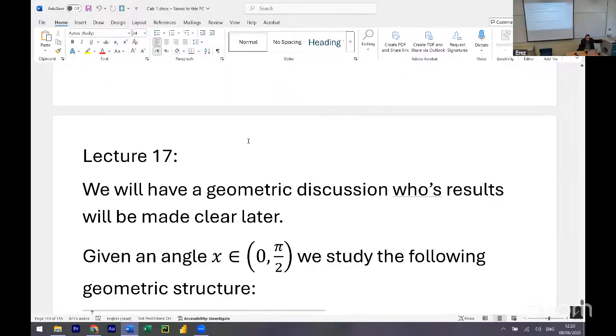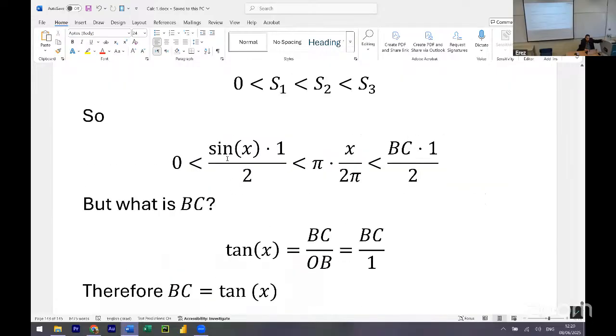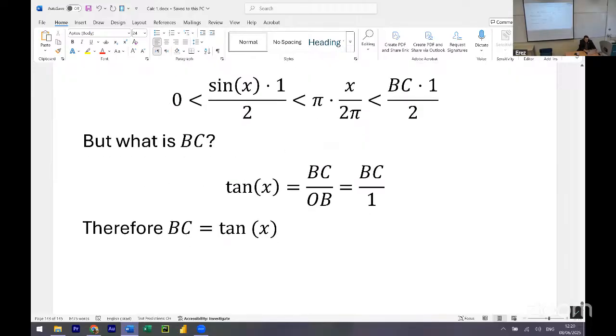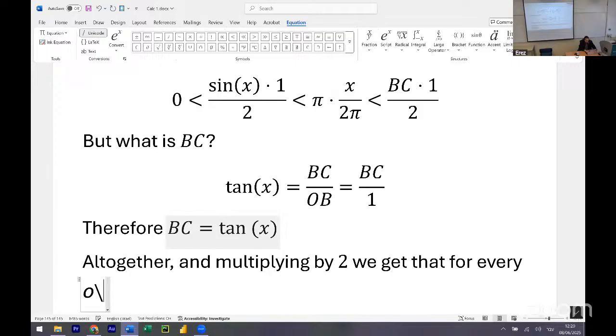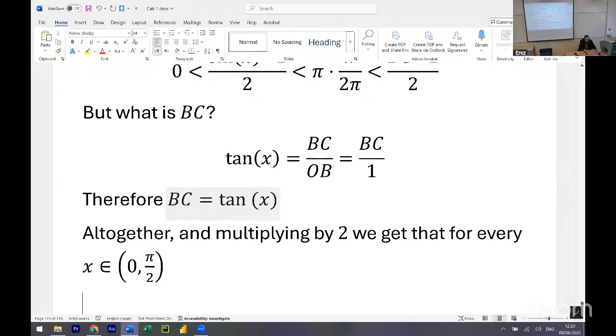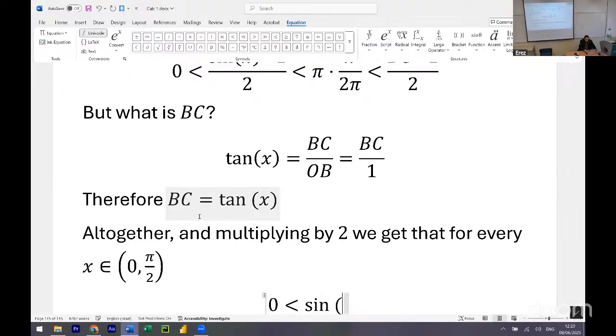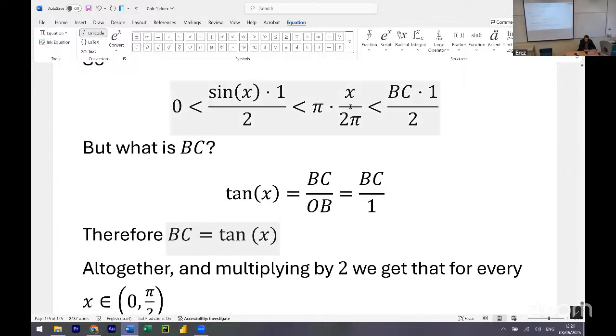And we proved last time that it's the opposite over the adjacent. Okay, so all together, and multiplying by 2, we get that for every x between 0 and pi/2, where this structure is possible, sine of x is smaller than x.